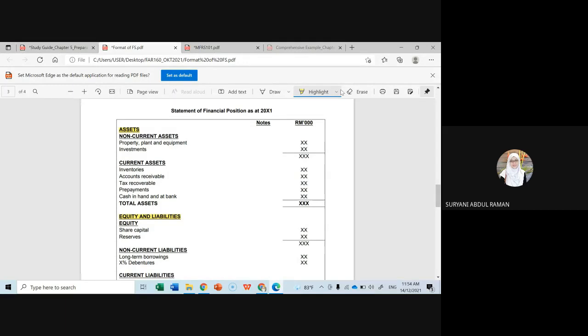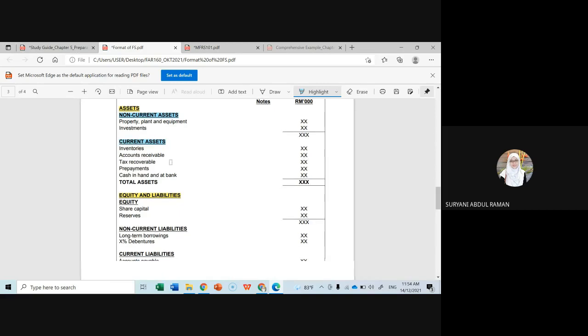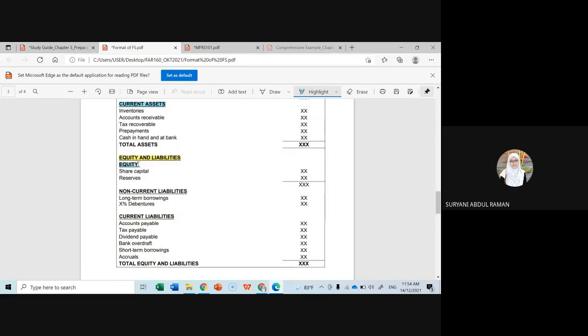As for the assets, we are going to break down into non-current assets and current assets. As for the equity, you are going to show the share capital and the reserves. And the liabilities, you are going to show as non-current and current.